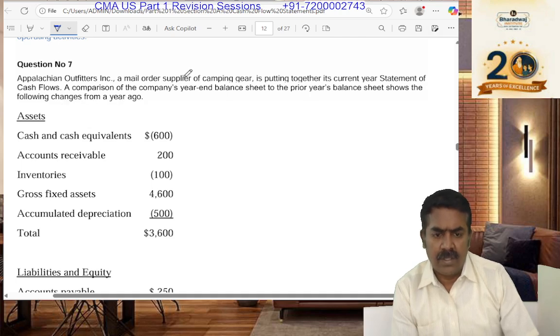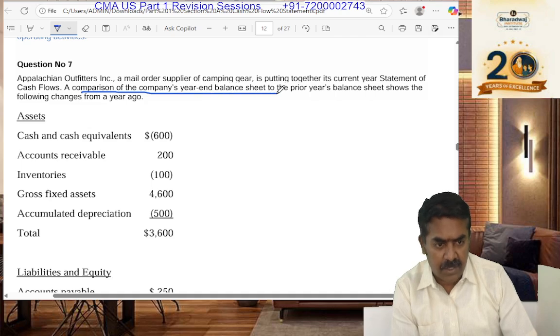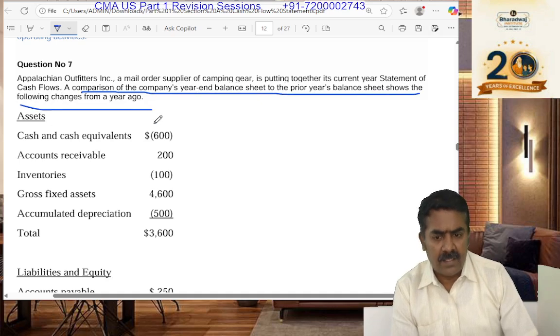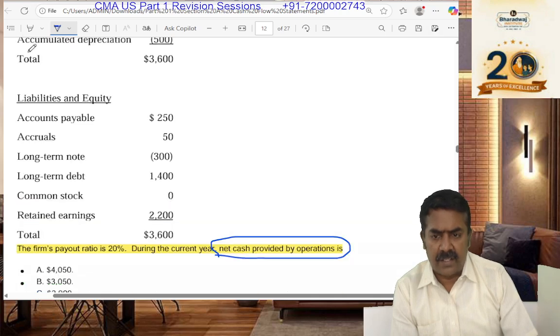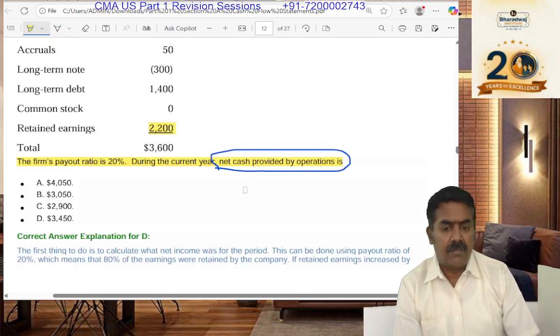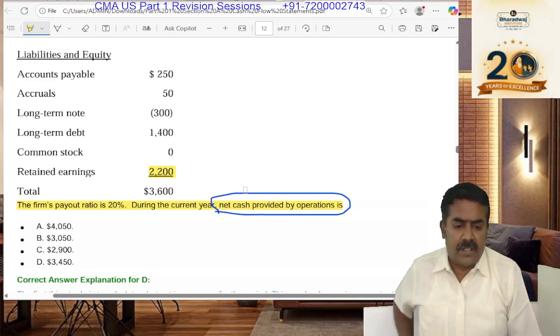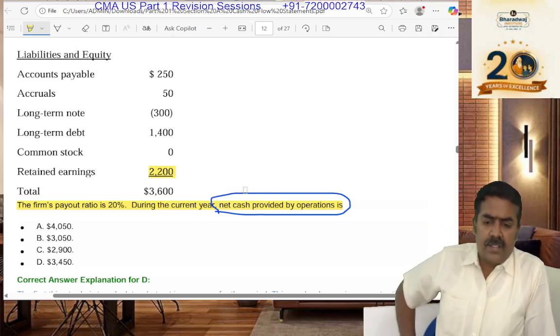Look at this. It is not a balance sheet. A comparison of the company's year-end balance sheet to the prior year balance sheet shows as follows. This is not a balance sheet. This is a change. What is the change in retained earnings? 2,200, which means it is the current year change in retained earnings.